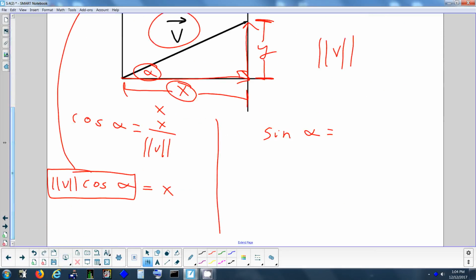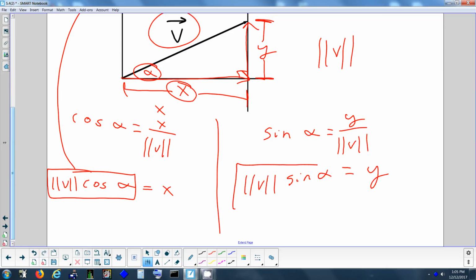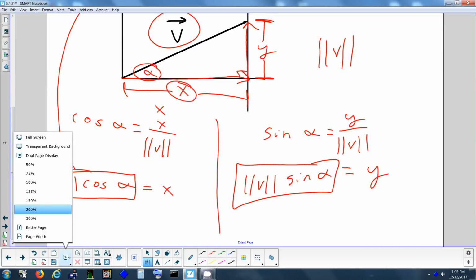What is it? Y. And the hypotenuse? Magnitude of v. Yeah. And now we'll do the same thing to get y by itself. So the vertical component of this vector is the magnitude of v times the sine of the angle. And now you plug that in right there.